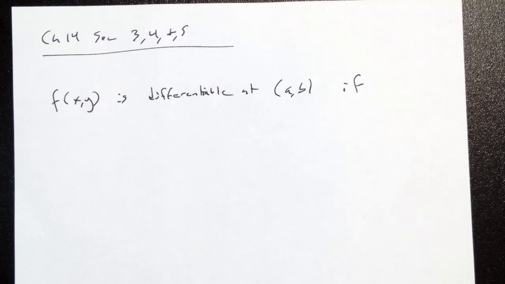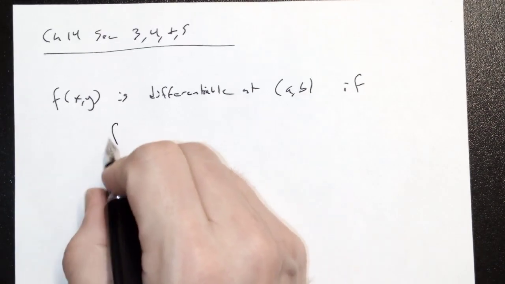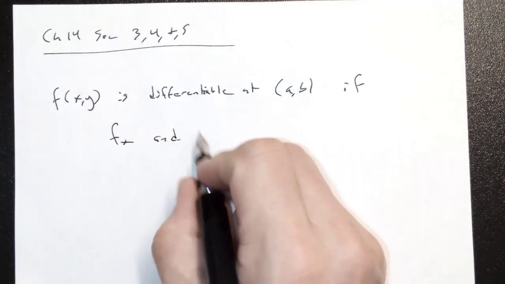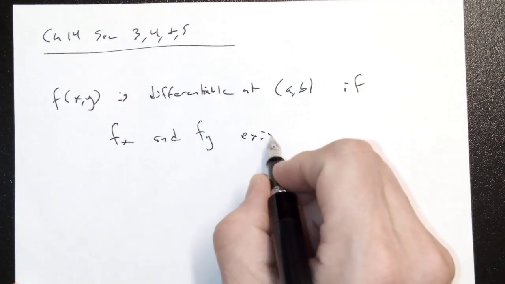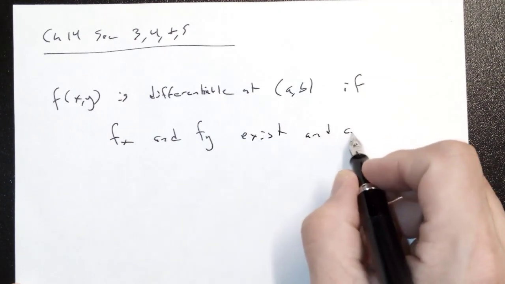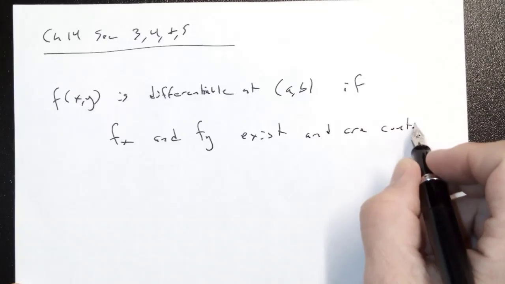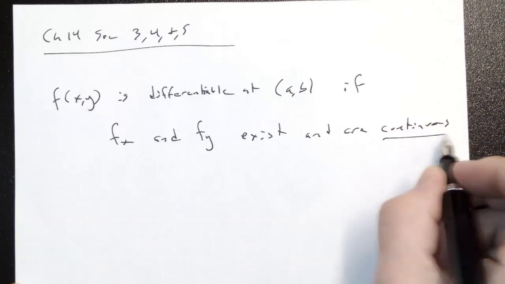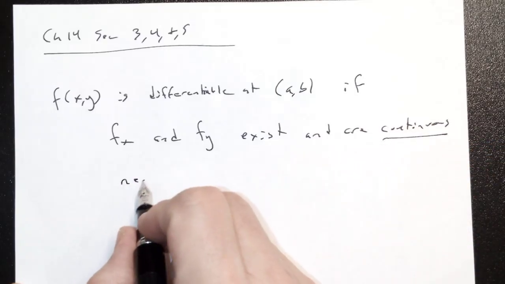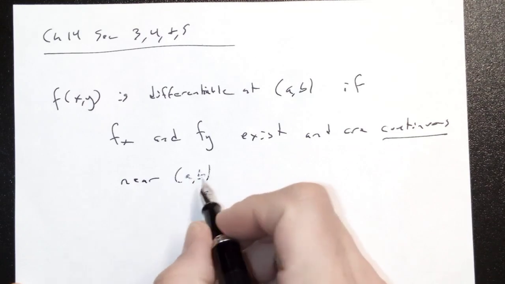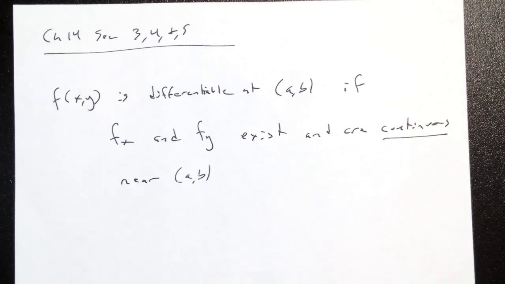A function is differentiable when the partial derivatives exist and are continuous near the point A, B.